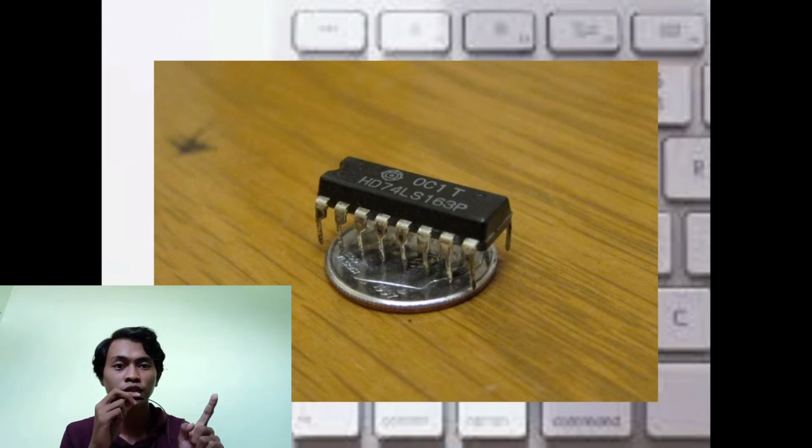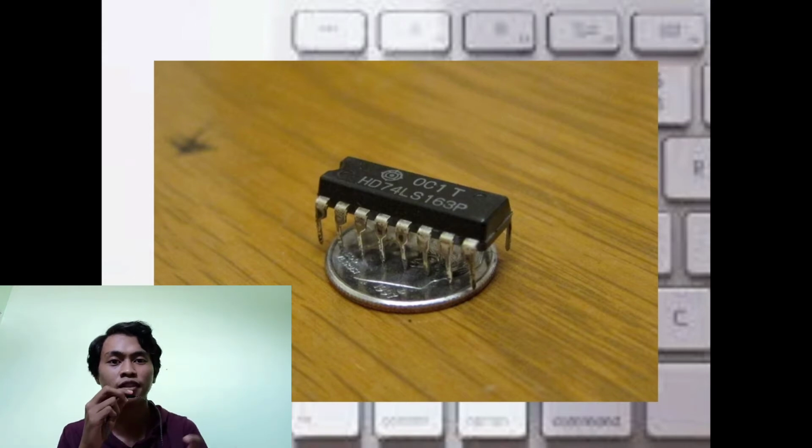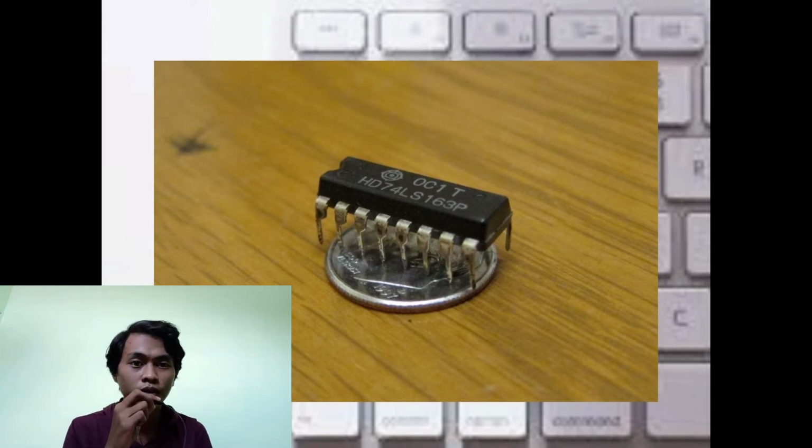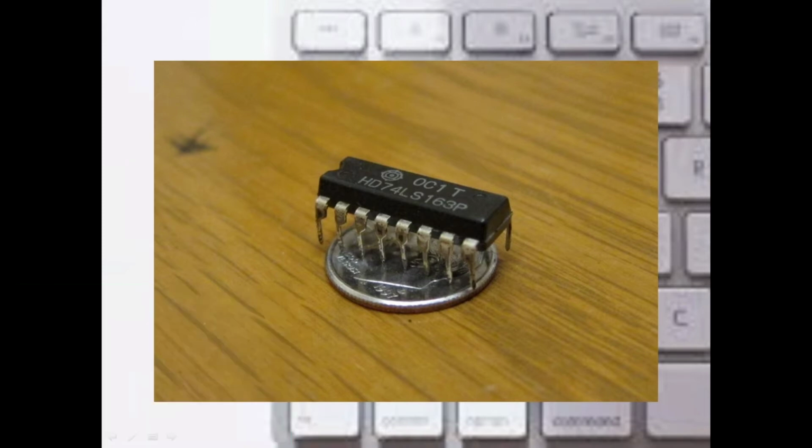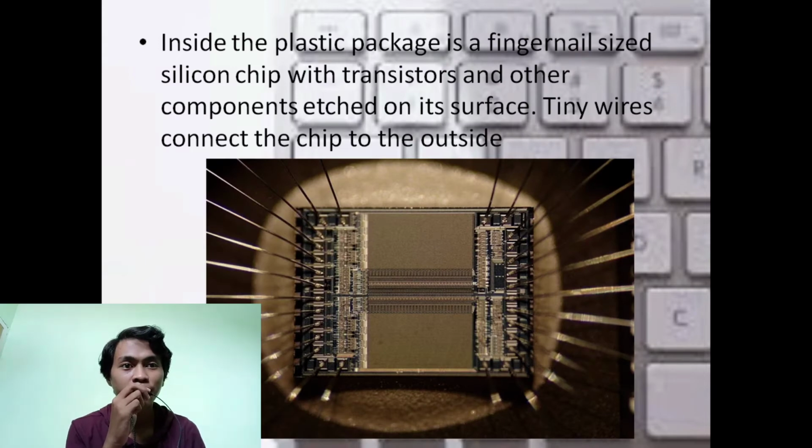This is a small chip with just a few pins of electrical connection. Later, we'll see a bigger chip with hundreds of pins. Inside the plastic package is a fingernail-sized silicon chip with transistors and other components attached on its surface. Tiny wires connect the chip to the outside.